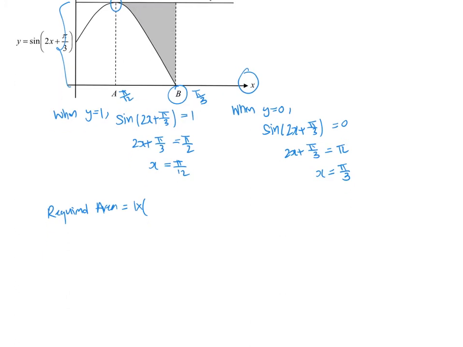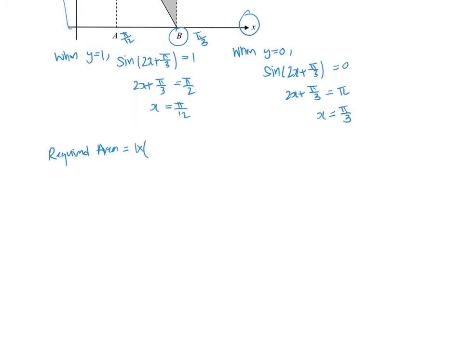So this will give me 1 multiplied by (pi over 3 minus pi over 12), minus the area under the graph, which is the integration from, not pi over 3 but pi over 12, yeah, so pi over 12 to pi over 3 of sine(2x plus pi over 3) dx.